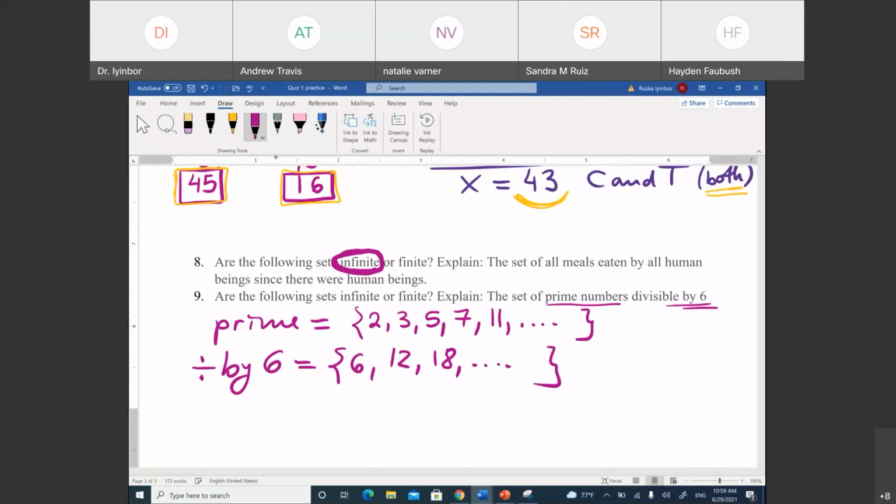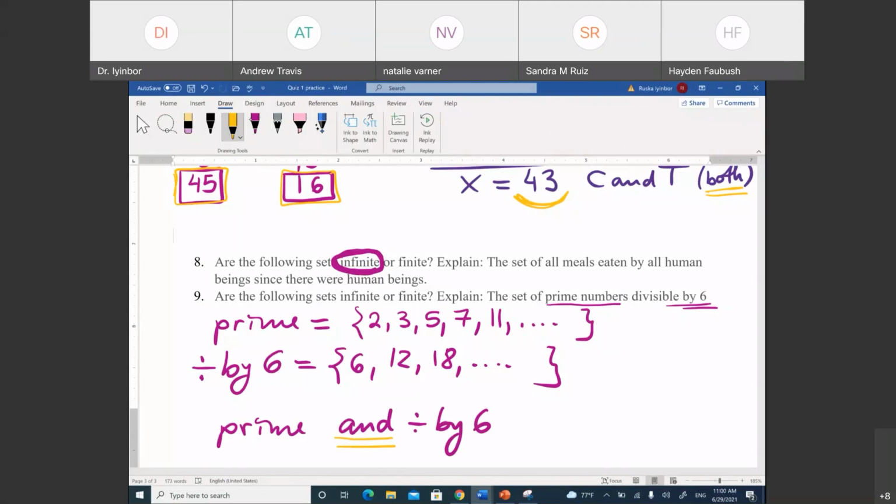So these are the prime numbers, and these are divisible by 6. They're asking which number is prime and also divisible by 6. 6. Is 6 a prime number? No, wait, that's not. So this is what you need to do. You need to find a prime number divisible by 6.